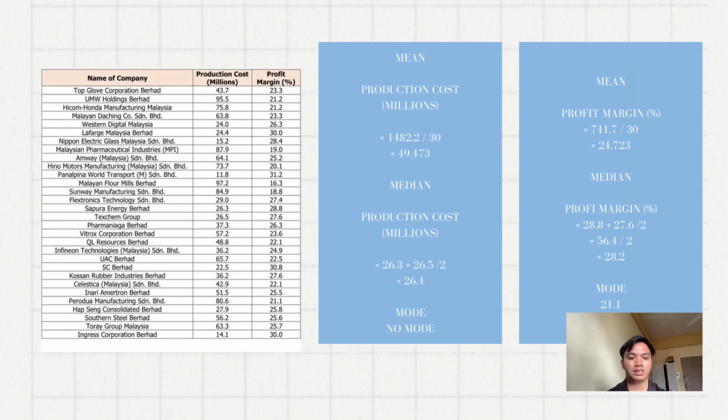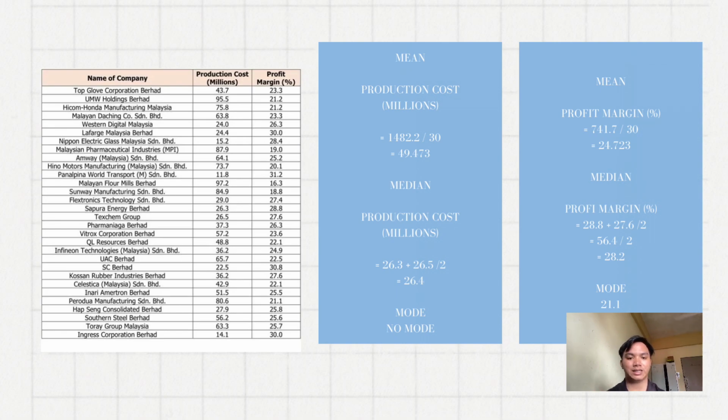The median is the value between the 15th and 16th position, so 26.3 plus 26.5 divided by 2. The answer is 26.4. For the mode, the production cost has no repeated value, so there is no mode.